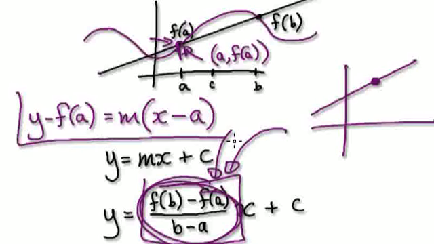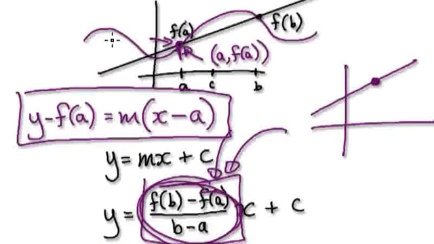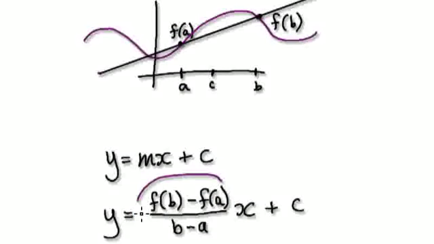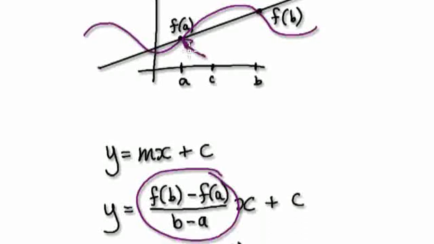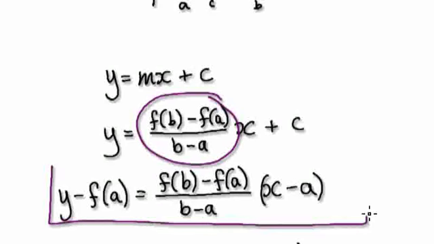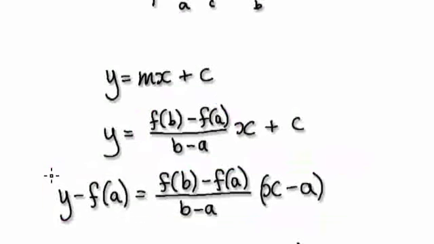So once you know the gradient of a straight line and one particular point, this here will be your equation for that straight line. Okay, so far we know the gradient, and then we select one particular point, this point here. So the equation for that straight line will be given by this.